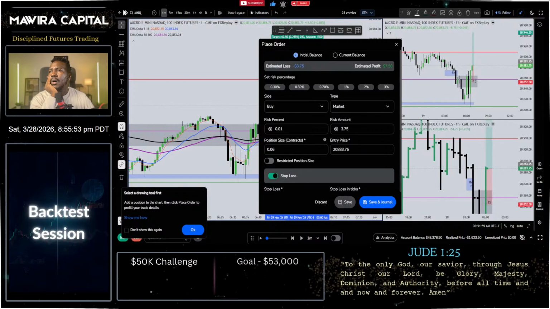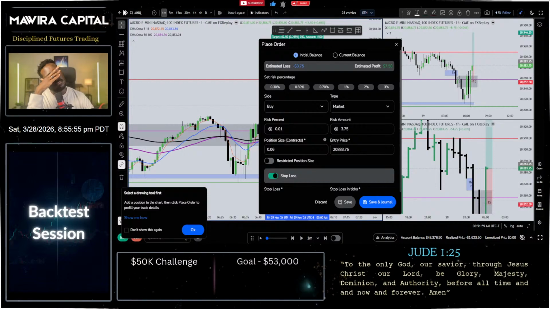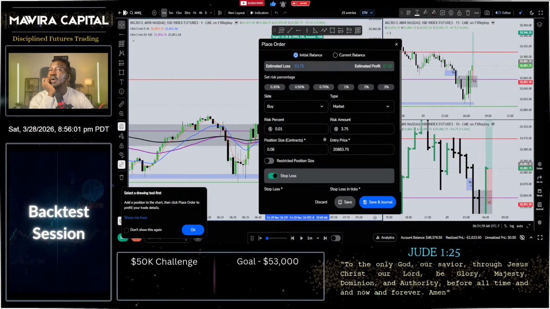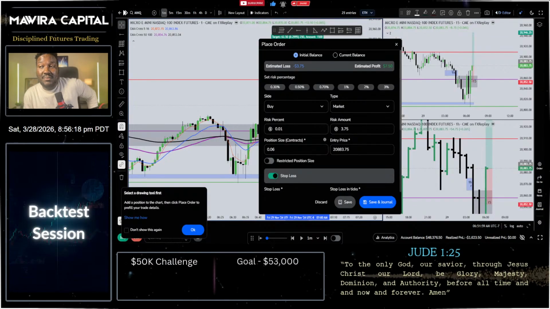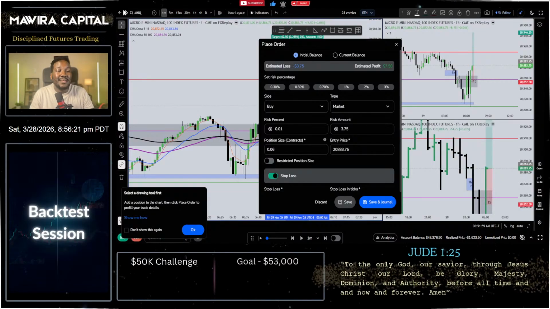Why do you use MNQ instead of NQ? Because I am risking less. The current risks I'm taking are 150, 200, and sometimes my stop loss can be over 60 points, so that's why I trade MNQ instead of NQ.